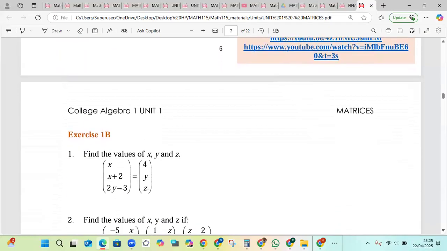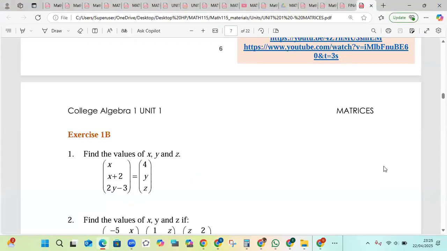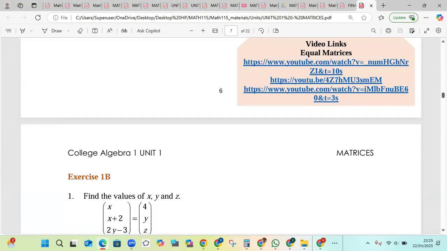So coming back to our question. Therefore, 3 plus -3 is equal to 0, which of course makes sense. When you add matrices, you add the corresponding elements. By the way, it would be a good idea to also take a look at how to add matrices.